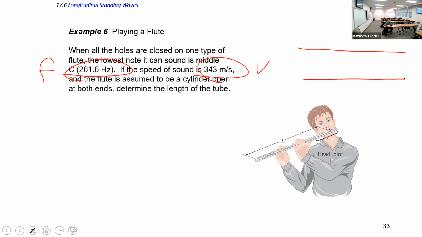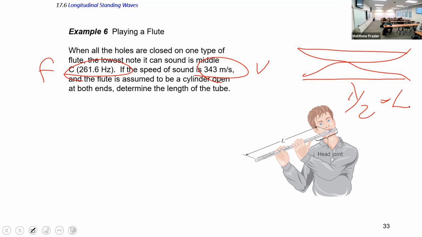It's the lowest possible note it can sound, which means it's going to be the n equals 1 mode, which looks horrible when I drew it like that. But, a pipe open at both ends. And so this distance is lambda over 2 as our length. So we find the wavelength, and then we find lambda over 2. And so the wavelength's easy.